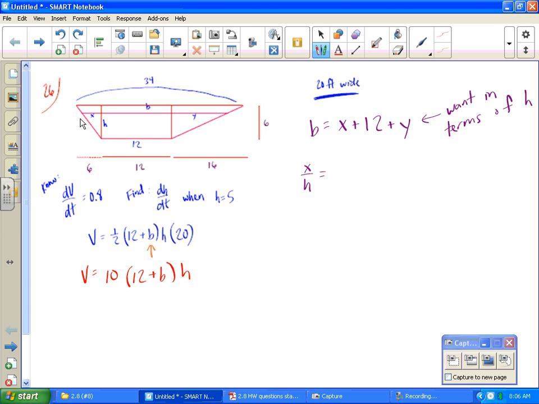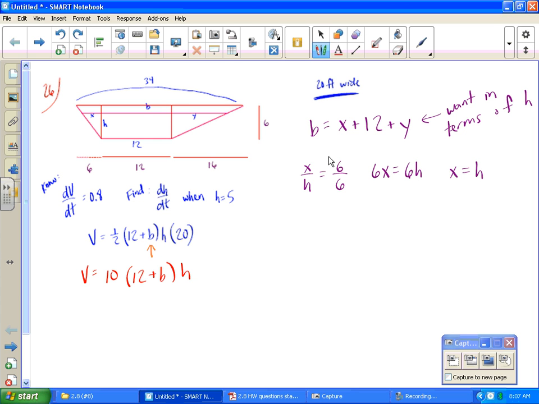Isn't that 6? So we're using similar triangles. You use the big triangle here, which is 6 by 6, and the small triangle, which is X by H there. So you go X is to H as 6 is to 6. So what's X equal? Okay, let's cross multiply. So we get 6x equals 6h, so doesn't x just equal h? So then instead of x, I can just put h in that spot when I'm there.